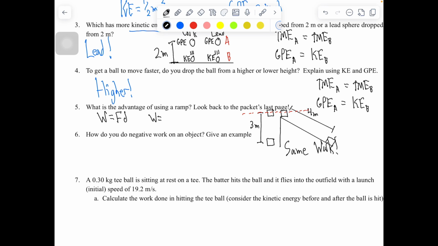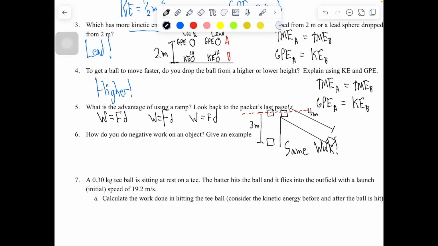The person pushing it vertically upwards 3 meters will apply a bigger force over a smaller distance, while the person applying the force over a greater distance will apply a smaller force over a larger distance. And if we think about what's easier for us humans to do, it's easier to apply a lower force for a longer distance than a really heavy force.